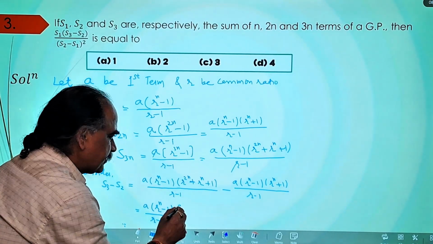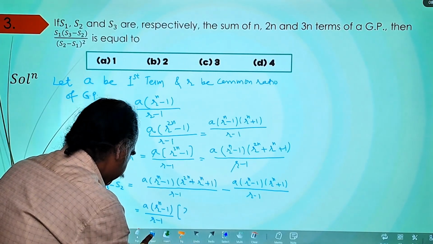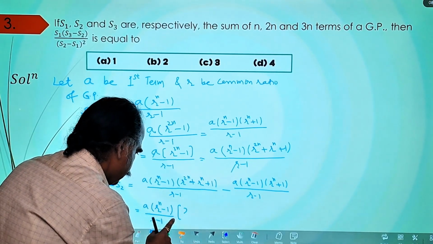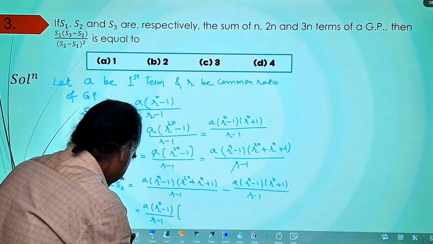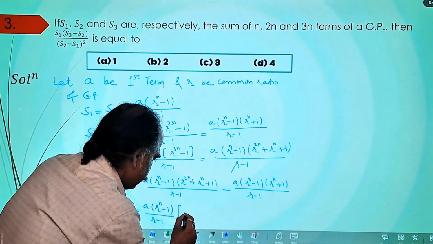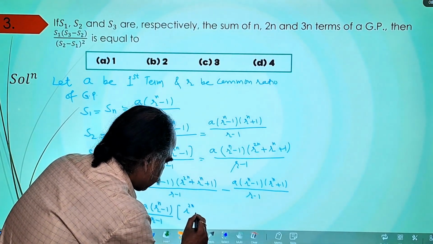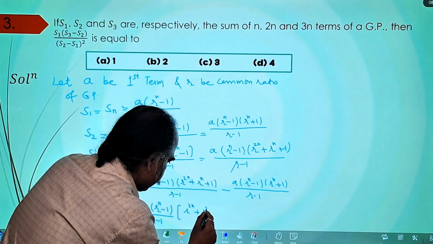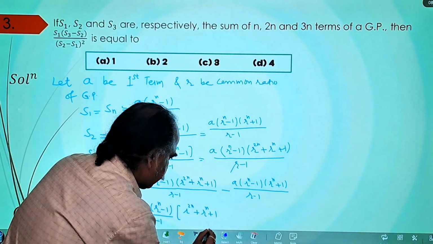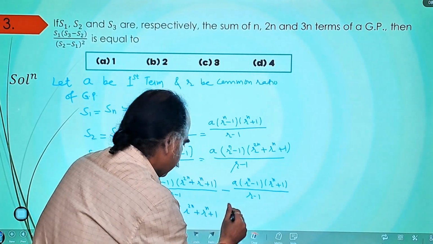So in bracket you will get r raised to 2n plus r raised to n plus 1 minus r raised to n minus 1.